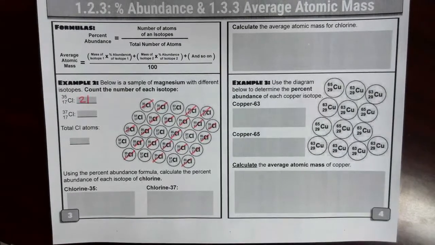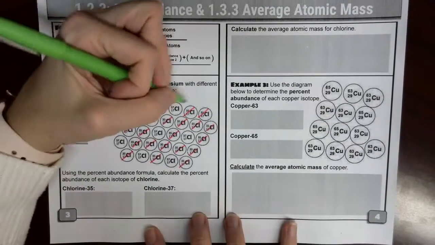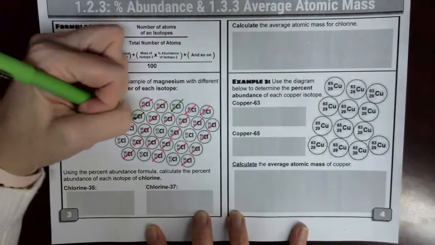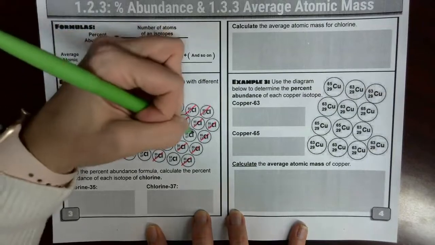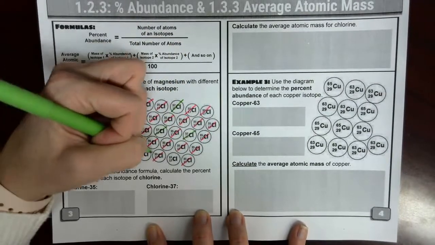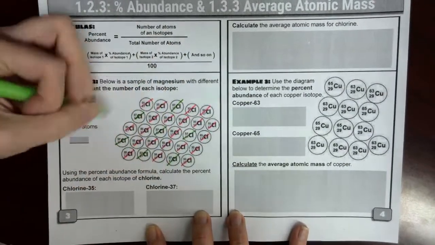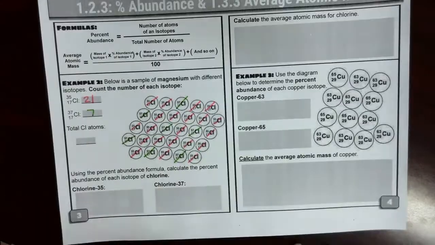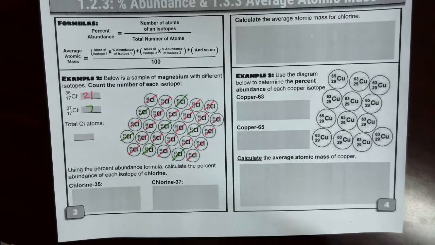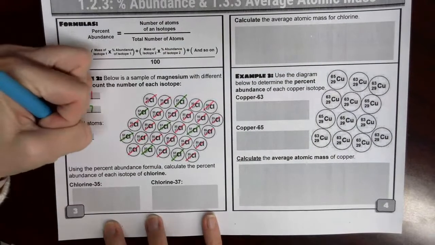Then I'm going to do my count of chlorine 37, and that's 1, 2, 3, 4, 5, 6, 7. Okay, then I'm going to add these two together. 21 plus 7 gives me a total number of atoms of 28.